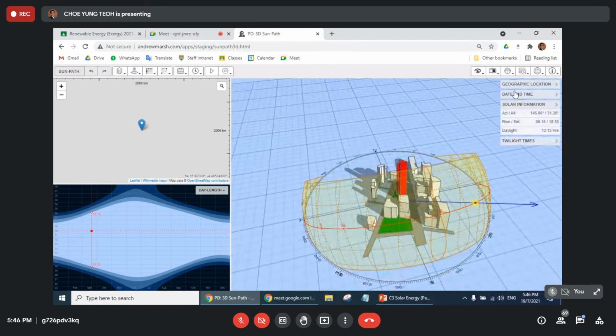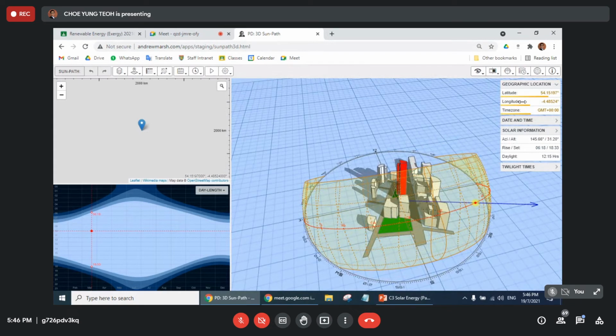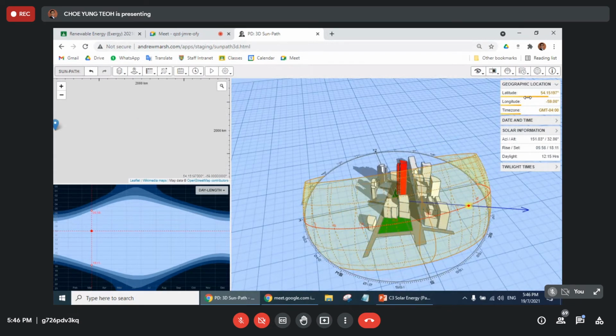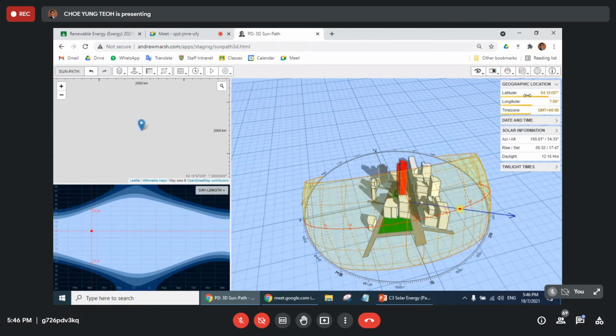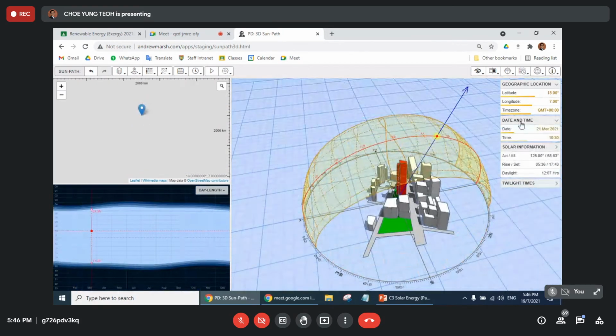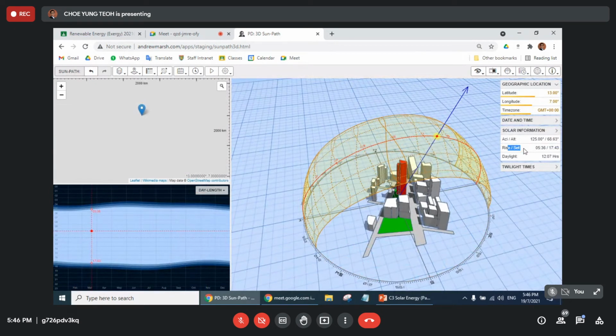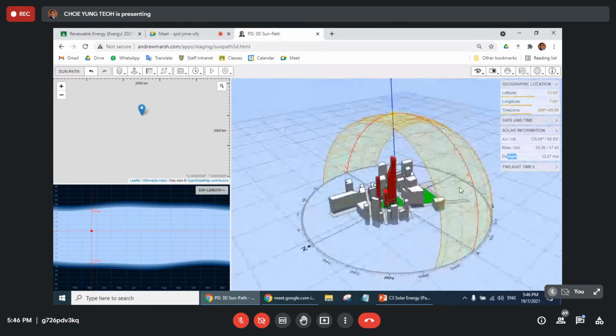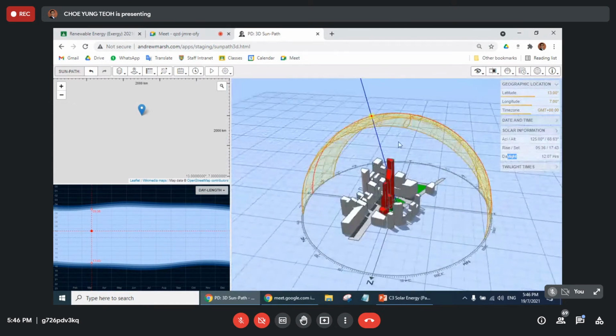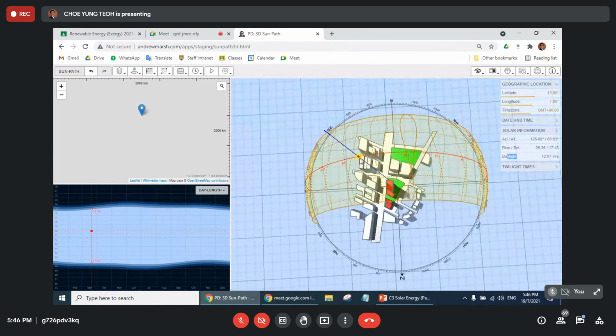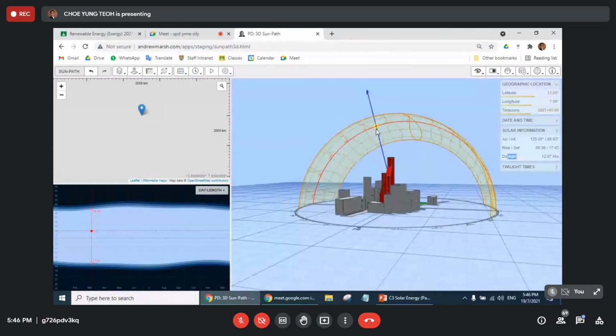You can choose the location, the latitude and longitude. You can set your own longitude, latitude, the date and time, and the azimuth angle. This shows sunrise, sunset and day length. You can also show it on a different graph. This one is 3D. At this particular time, this is the location of the sun, and it gives you the value of the azimuth angle and altitude angle.